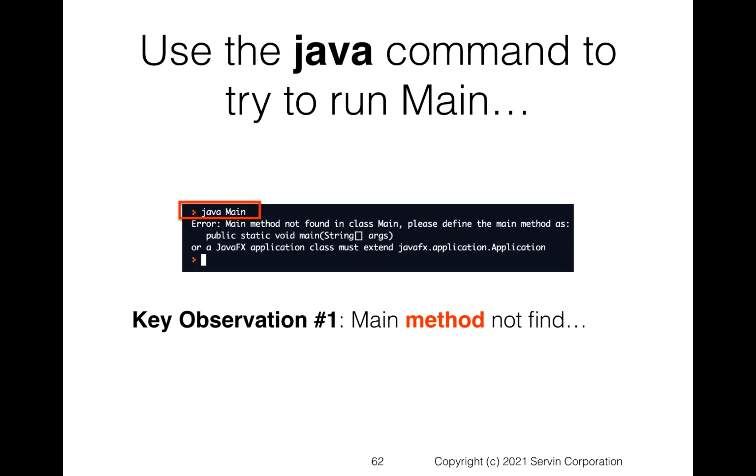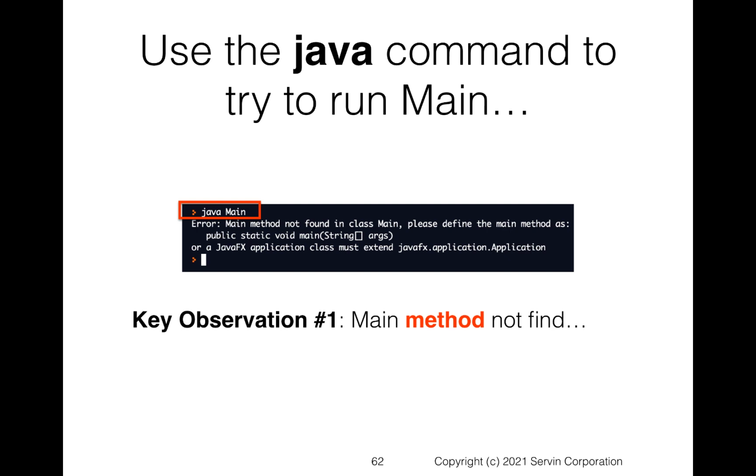Now we can use the java command to run our class. So we say java Main. And interestingly, notice we get another error, but it's different from the error we saw previously. This one we see error: main method not found in class Main. And not only does it tell us the error, it gives us a hint on how to solve it.